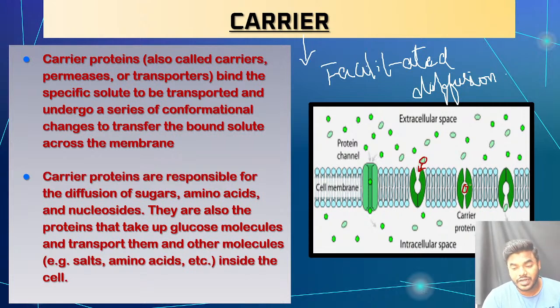Listen to my words carefully. The ion or molecule which has to be transported will come and associate with the particular binding site on the carrier. The moment it associates with the binding site of the carrier, immediately the carrier undergoes a conformational change, a structural change.